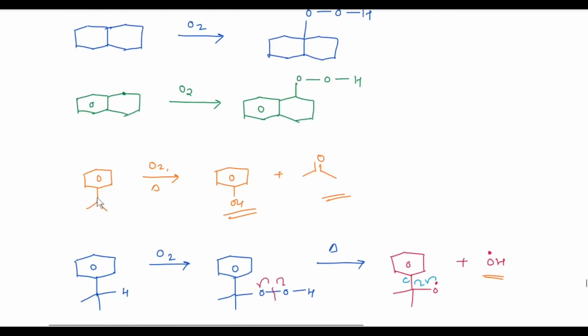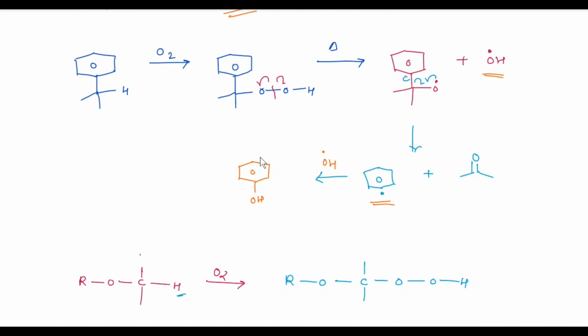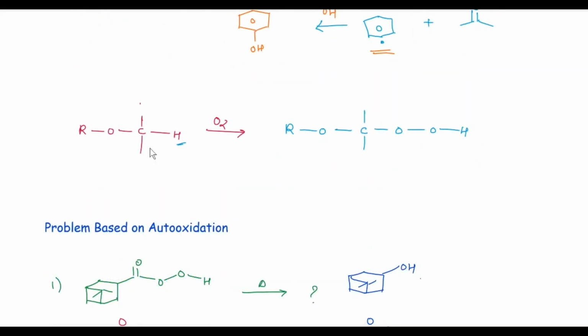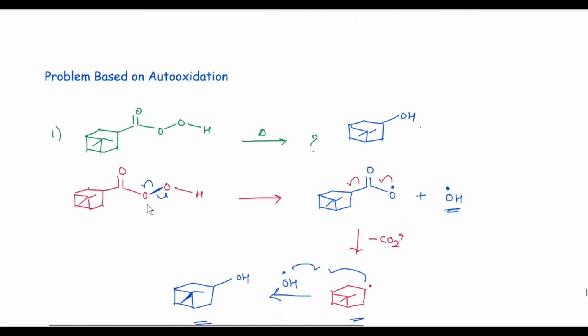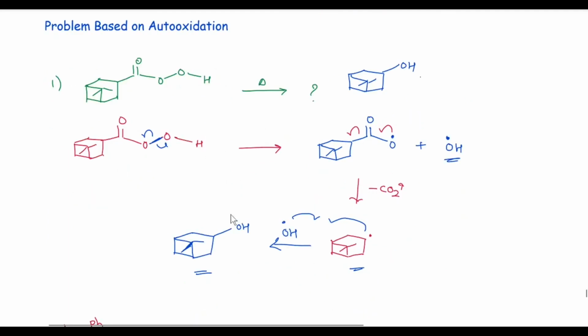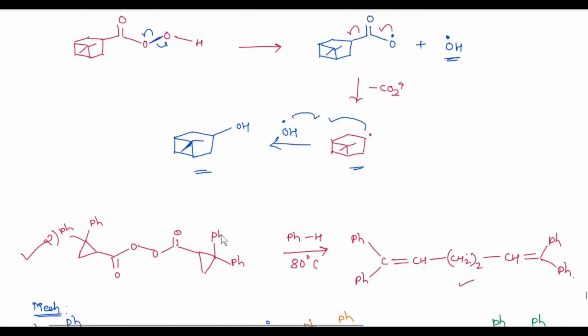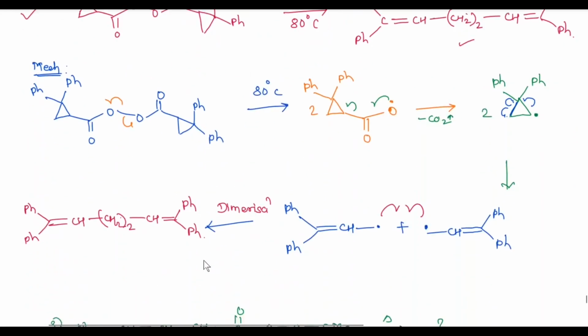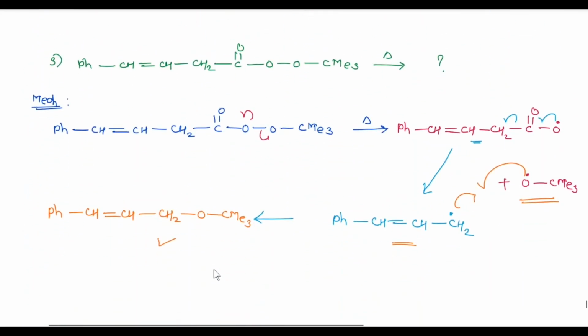We saw the oxidation of cumene and formation of phenol and acetone from cumene, and also its mechanism, oxidation of ether, and lastly the problems based on oxidation and their mechanism. So in the last lecture we saw three problems based on autooxidation.